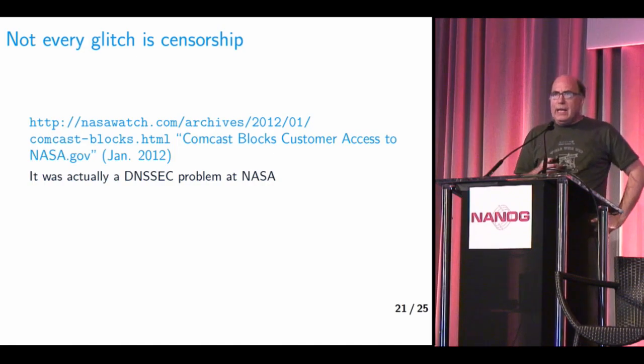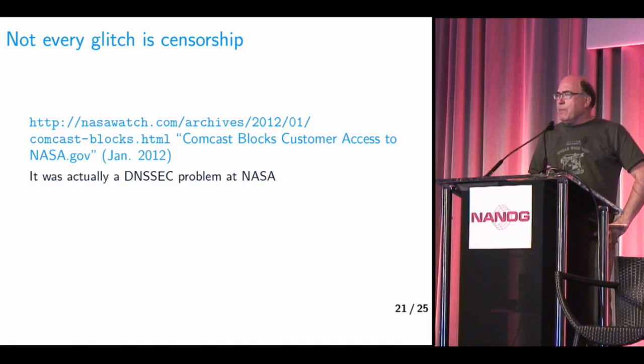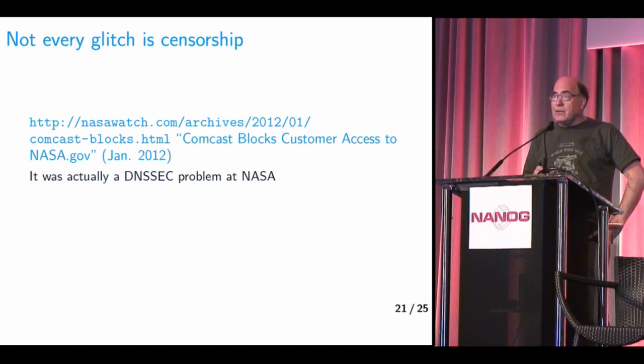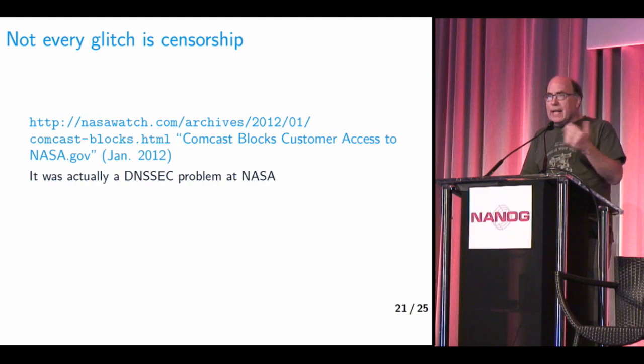Also, not every glitch is censorship. A typical example was the problem of NASA in 2012, when NASA managed to make a mistake with DNSSEC, and validating resolvers like the one of Comcast failed because of that. That was the point of DNSSEC. Many people on public forums, such as Reddit or Slashdot, noticed that it was specific to Comcast, and there were a lot of messages with titles like "Comcast blocks NASA", which is completely false.